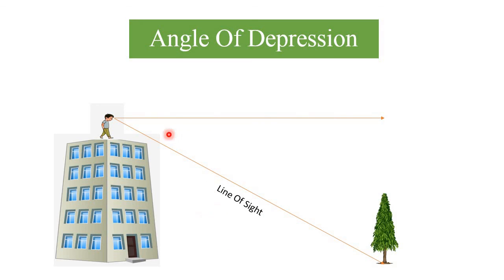Generally he would observe in front, but he moves his eyes down and watches the foot of the tree. So this is called angle of depression. It is the depression angle from the horizontal level.